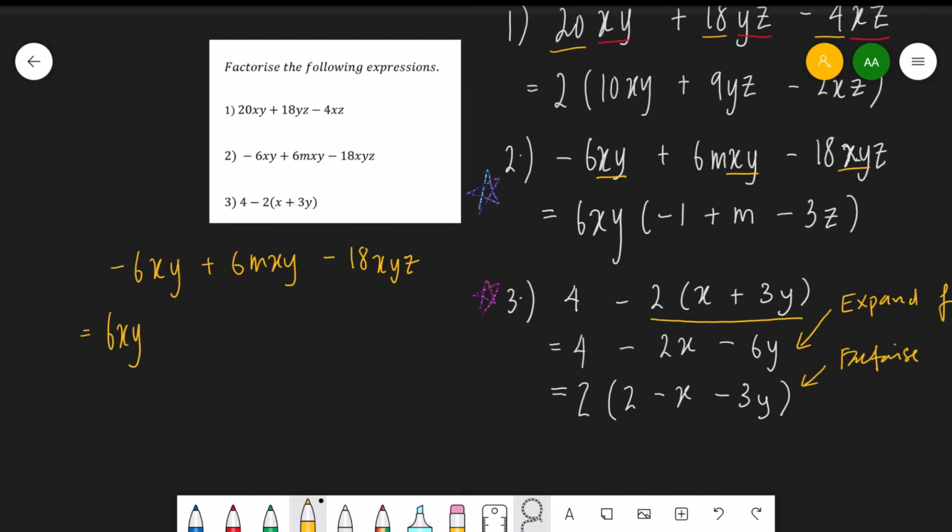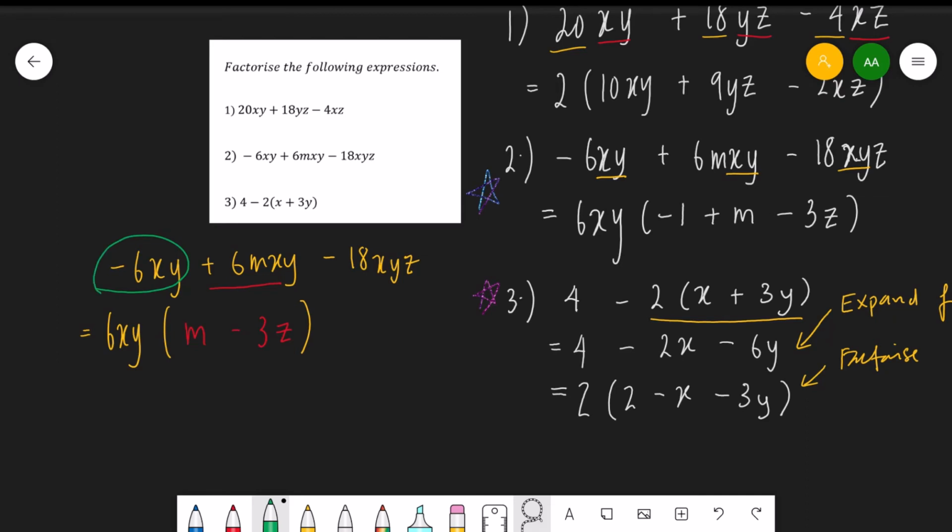If I take out 6xy from negative 6xy, and you're left with nothing, so you don't write anything. Instead you proceed to the second term here, and then we factorize this. You are left with m, then minus 3z. So what happens here is I ignore the fact that this thing becomes a 0.